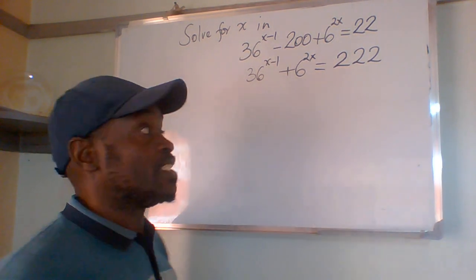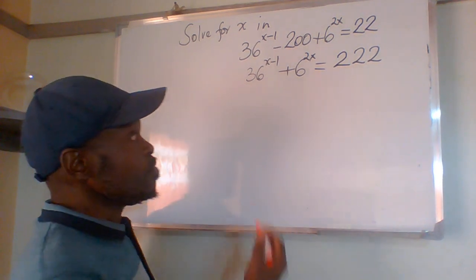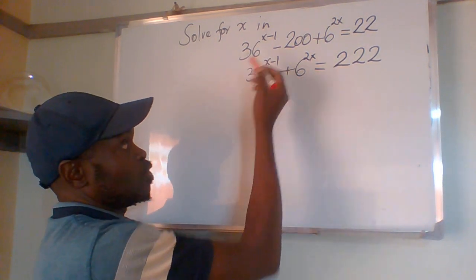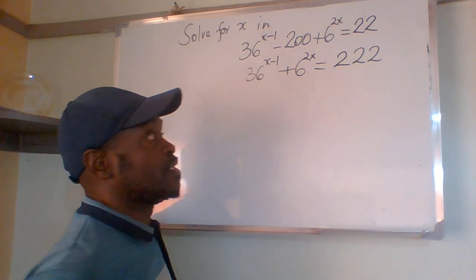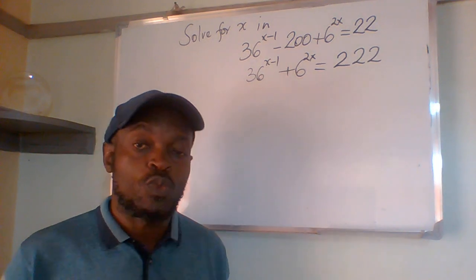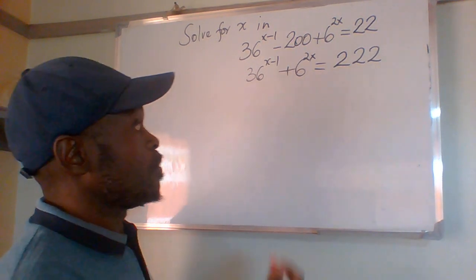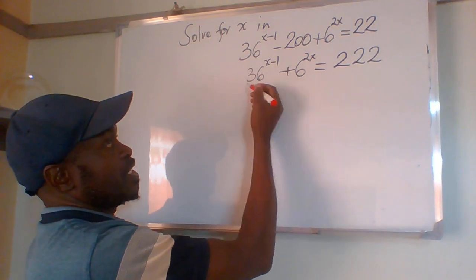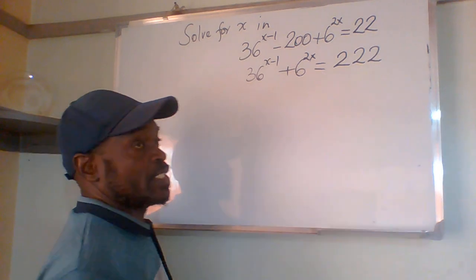Now the next thing is, we look at what we have here. We have 36 raised to x minus 1. And here we have 6 raised to 2x. So as you can see here, we have different bases, a base of 36 and a base of 6.